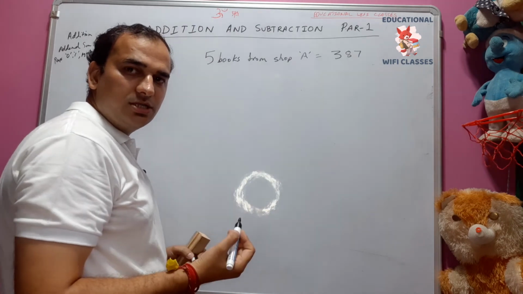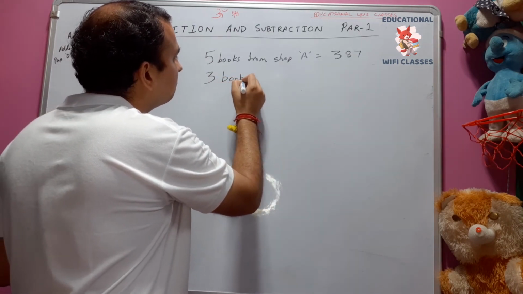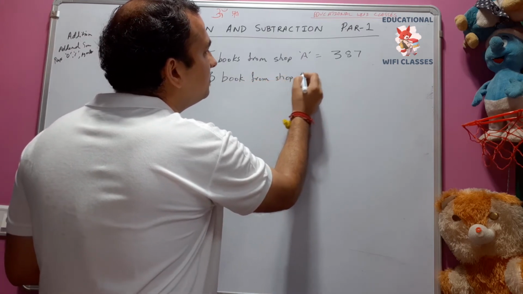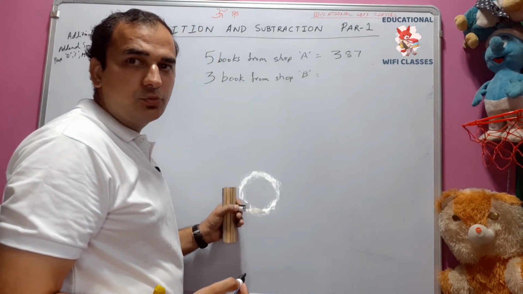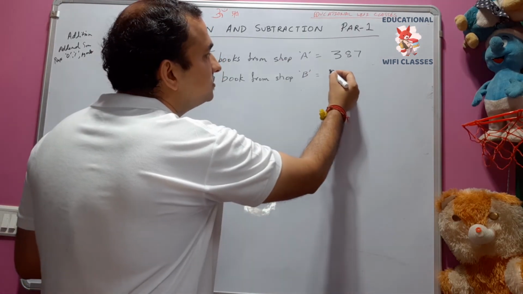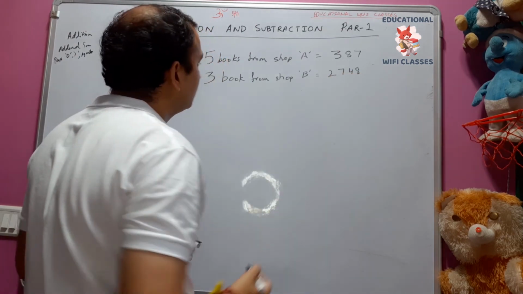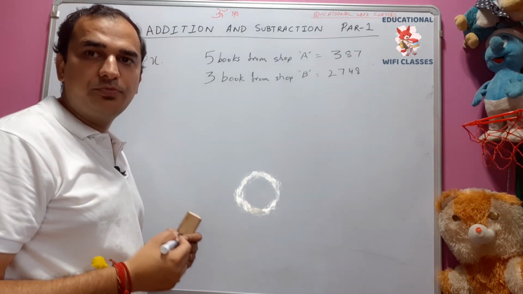And then you go to another shop, where you buy 3 books from shop B, and the shopkeeper asks you to pay 2748 rupees. So how much money did they charge you, or how much did you pay in all?